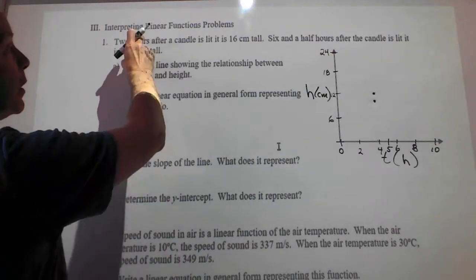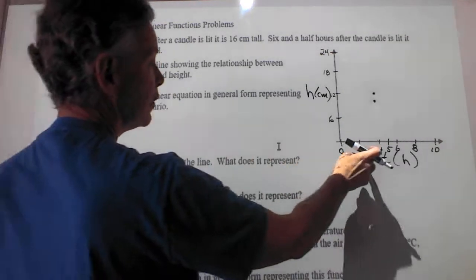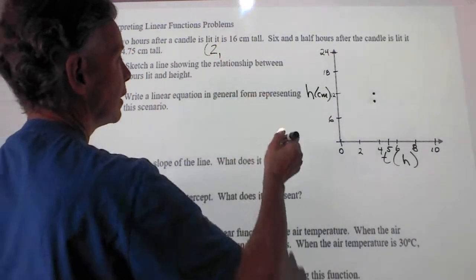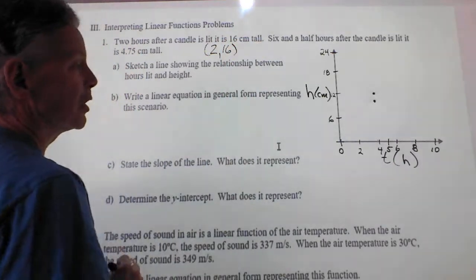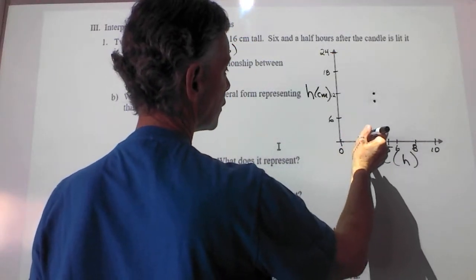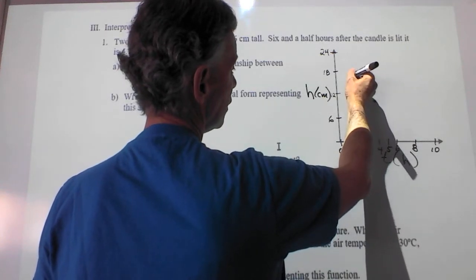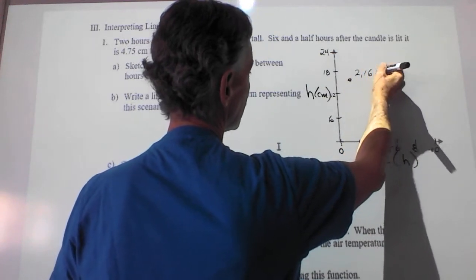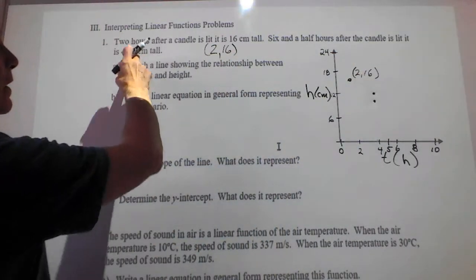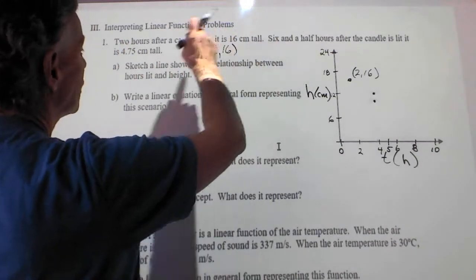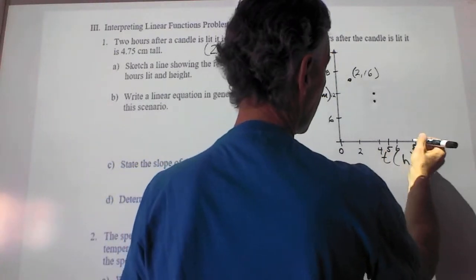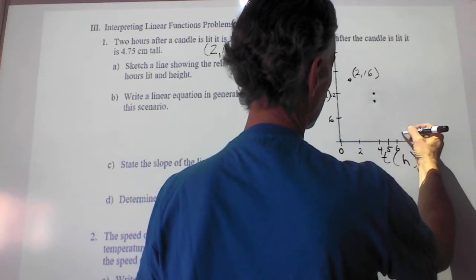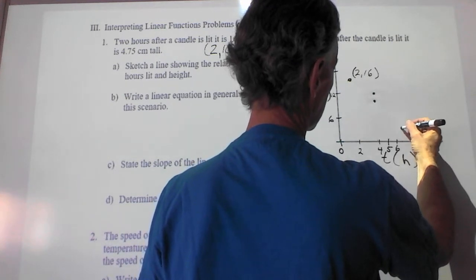Okay, so they're telling you at 2 hours, we have a height of 16 centimeters. So there's our first point, 2 across and 16, which would be about here. So 2 and 16. And then at 6.5 hours, it's 4.75, which would probably be about here.